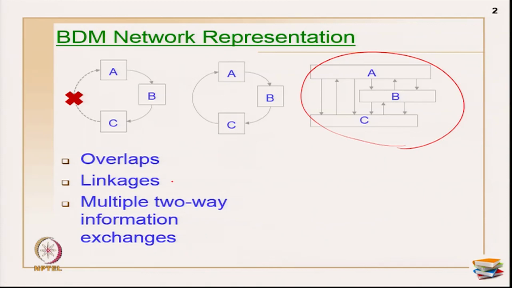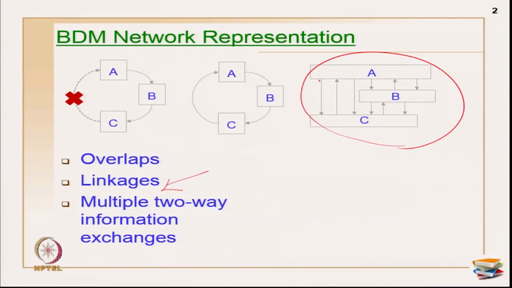And in the previous one or two classes earlier, I introduced what are called linkages. Linkages, or links, need not follow the conventional finish start relationship. I can start anywhere from my predecessor and I can stop anywhere at my successor.